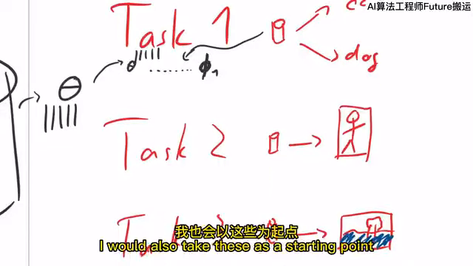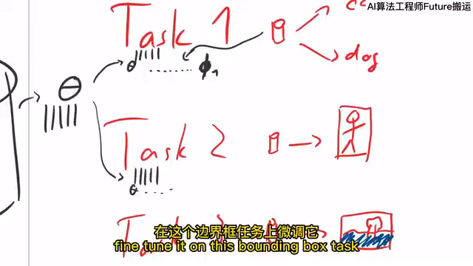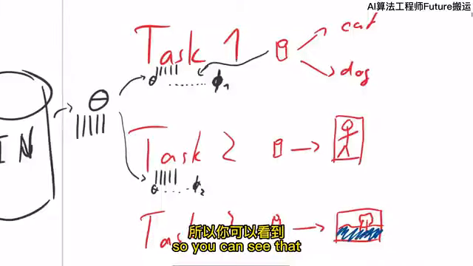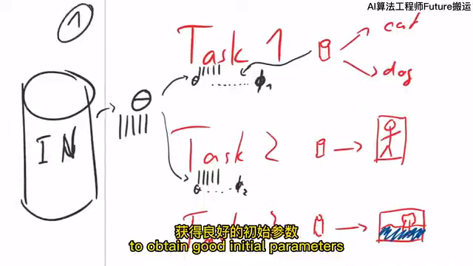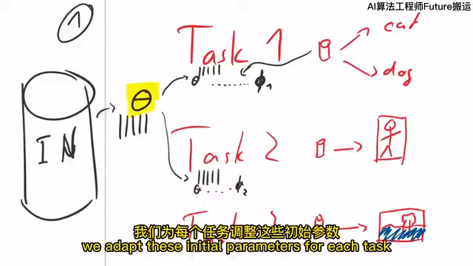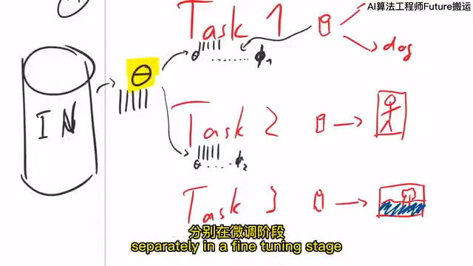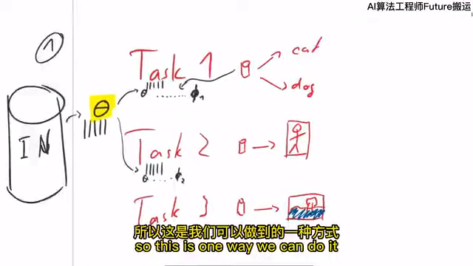For task 2, I would also take these as a starting point in order to train its neural network to fine-tune it on this bounding box task in order to obtain the parameters for task 2, right? So you can see that there's the pre-training stage here to obtain good initial parameters, and then we adapt these initial parameters for each task separately in a fine-tuning stage. So this is one way we can do it.